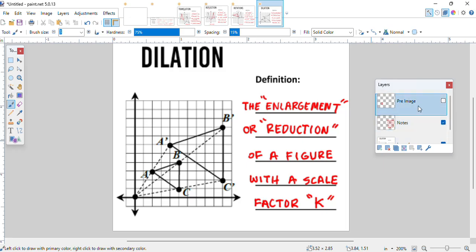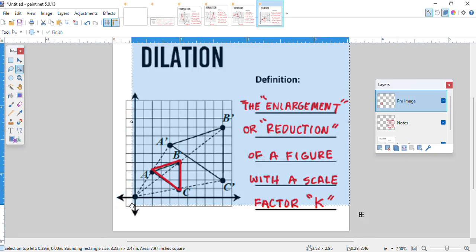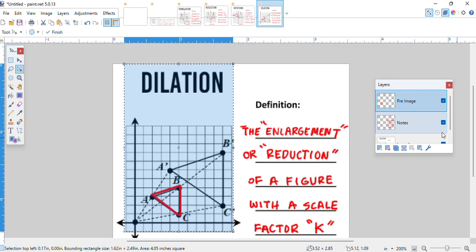So for example, here we have triangle ABC is my preimage. Okay, and if you'll give me just a second, I'm going to set up the graph. Okay. My center, where I am dilating it from, you'll notice it is already here, so that's where I'm going to put mine.